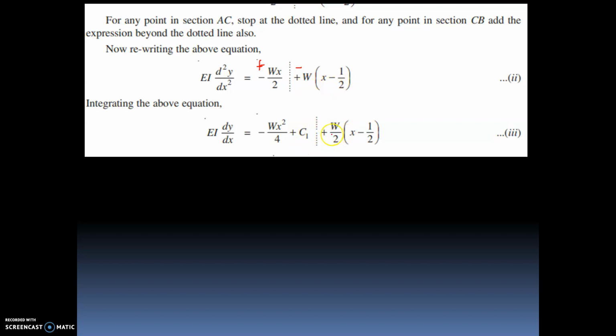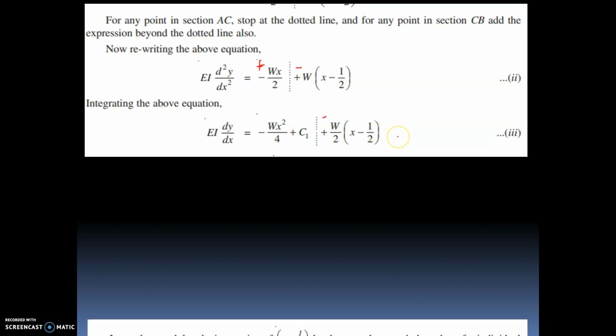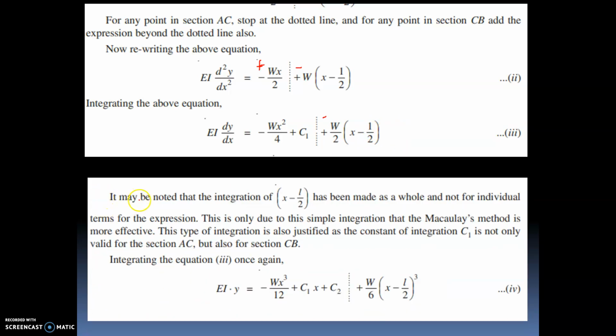Then this portion: minus w by 2 into x minus L by 2 whole square. It may be noted that the integration of x minus L by 2 has been made as a whole and not for individual terms of the expression. It is only due to this simple integration that the Macaulay method is more effective.